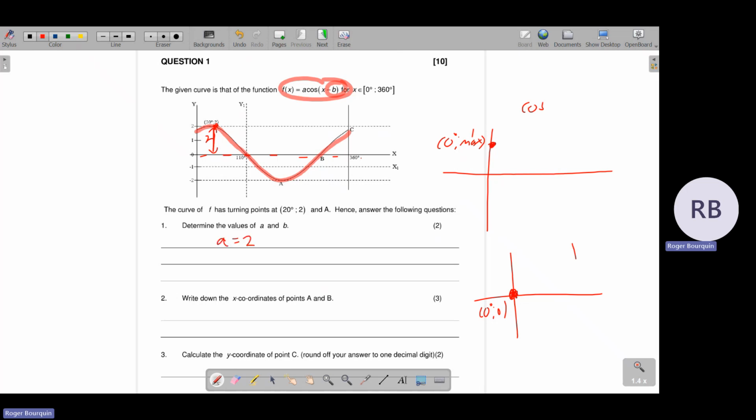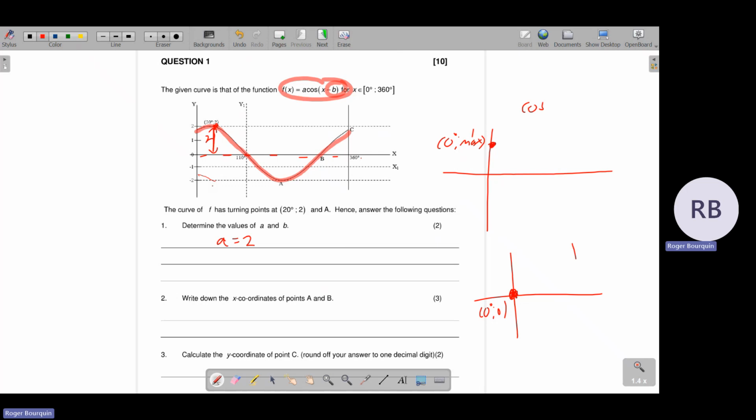If that was at 20 degrees and negative 2, A would be negative 2. If the graph went from here down to negative 2 and had that shape, it means it's been reflected, so A would be negative 2.